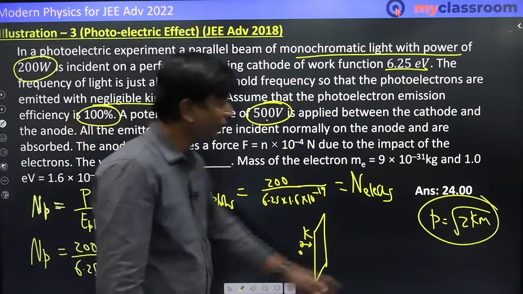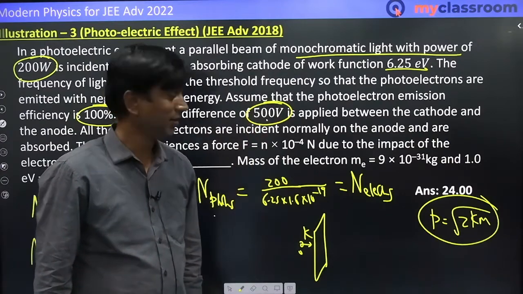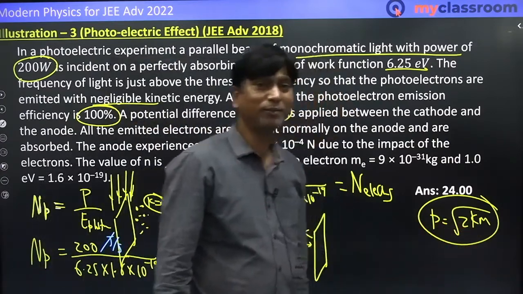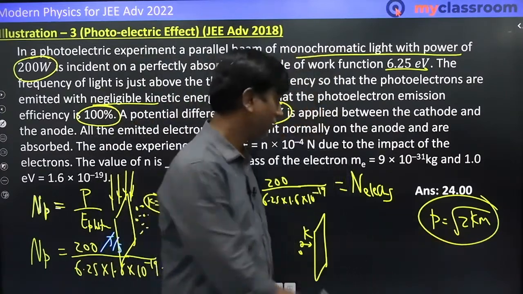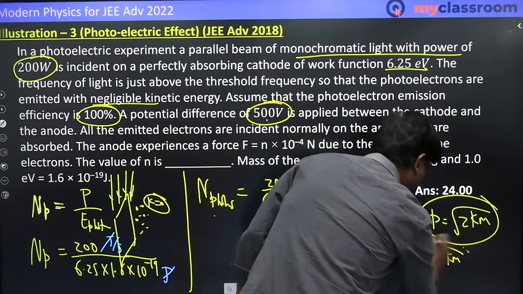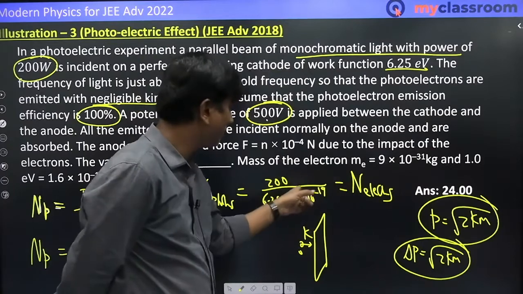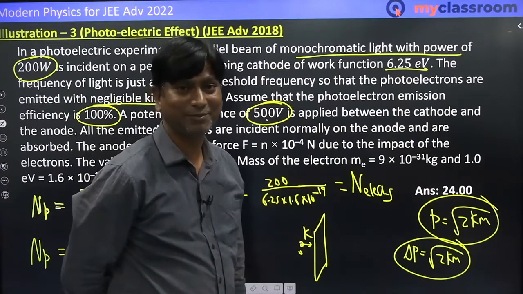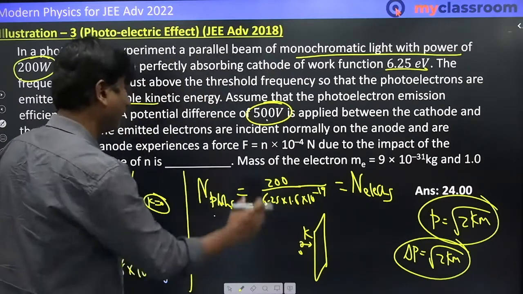Change in momentum is also this only, because the final momentum is 0. Why? Because it is perfectly absorbed. So the change in momentum of one electron is root of 2Km. This change in momentum of one electron, multiplied by the number of electrons striking per unit time, will give you the force exerted.